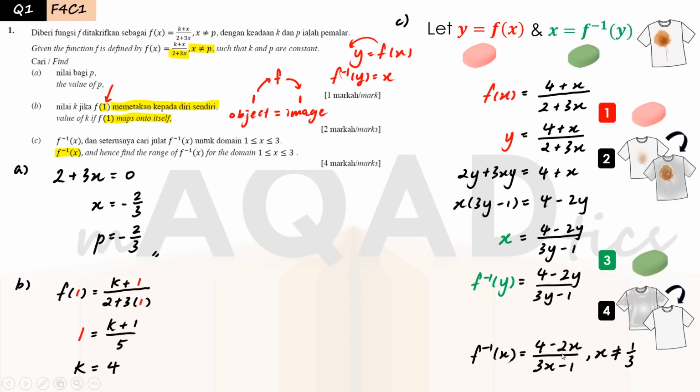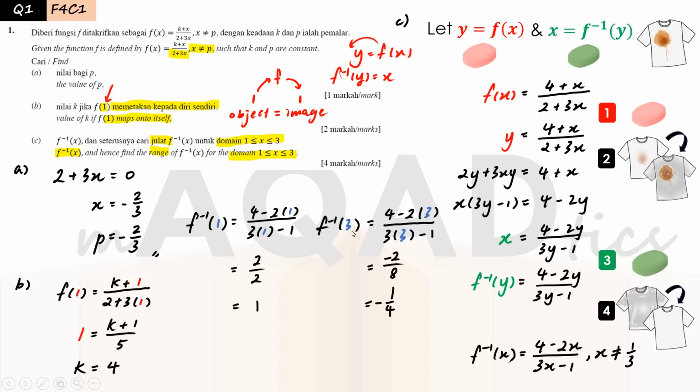So this is just the first part of this question, and now we have the second part, which is to find the range of f inverse of x if the domain is from 1 to 3. This one, I think, is quite simple. We are just going to put the lower value of x and the higher value of x inside this function, and then we find the value.